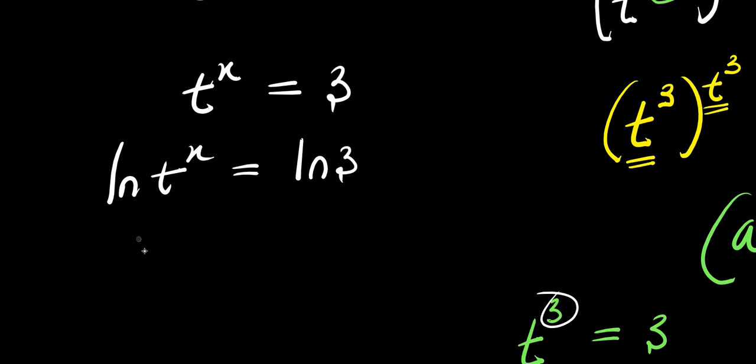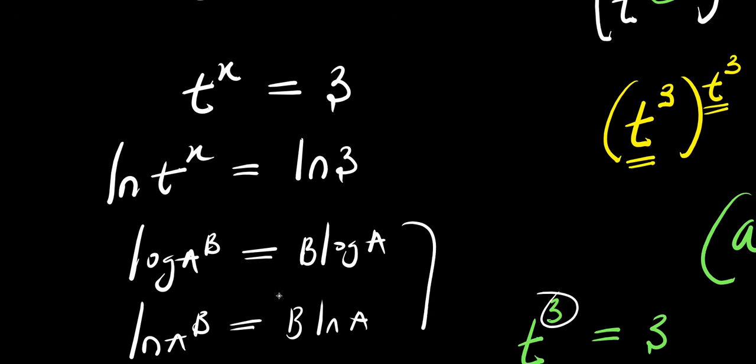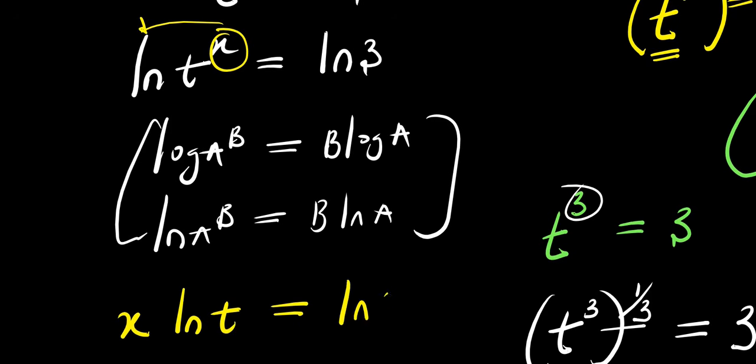And remember, if you have log a power b, this equals b times log a. So natural log a power b equals b times natural log a. That means the x here will come in front of the natural log. I have x times natural log of t equals natural log of 3.